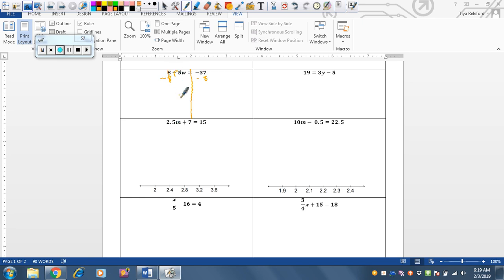These cancel out, and on this side, I'm left with negative 5w. Don't lose your negative. It matters. And on this side, I have negative 37 minus 8. Boom, boom. I have a negative and a negative. Same signs add. And I always keep the sign of the big number. So this is where you're going to make your mistake.